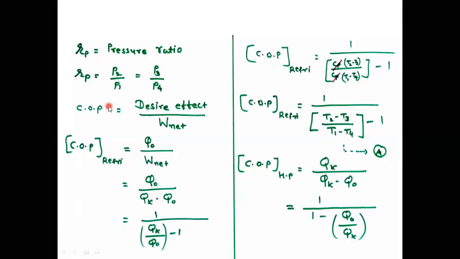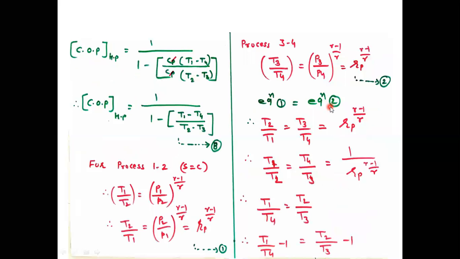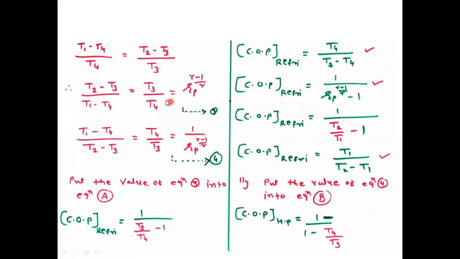That can be replaced by either T3 divided by T4 or Rp raised to (gamma minus 1) upon gamma. So here COP of refrigeration is equal to 1 divided by (T3 minus T4) divided by T4 minus 1. Here I replace this value by T3 by T4.